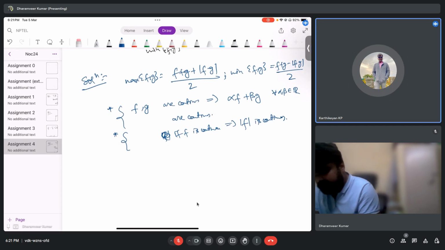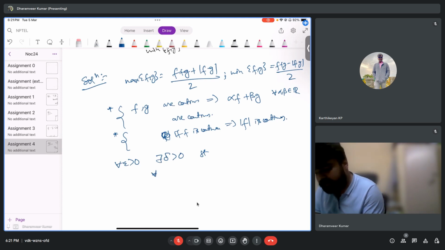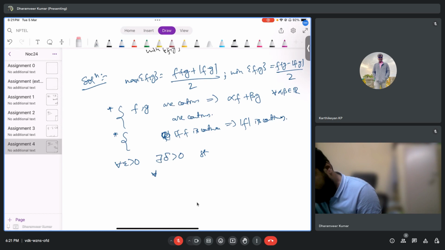So very simple. Alright, so what do we have is for every epsilon greater than 0 there exists a delta greater than 0 such that, what is the definition of a function being continuous? So it matches open set with open set.